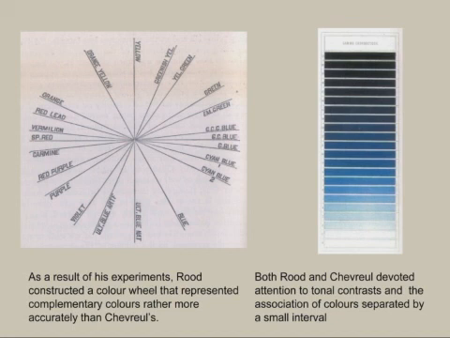This slide also shows a plate from Chevreul's work in which he demonstrates the simultaneous contrast of tones of the same colour. I mentioned this earlier. It's here. In this case, it's different tones of Prussian blue.